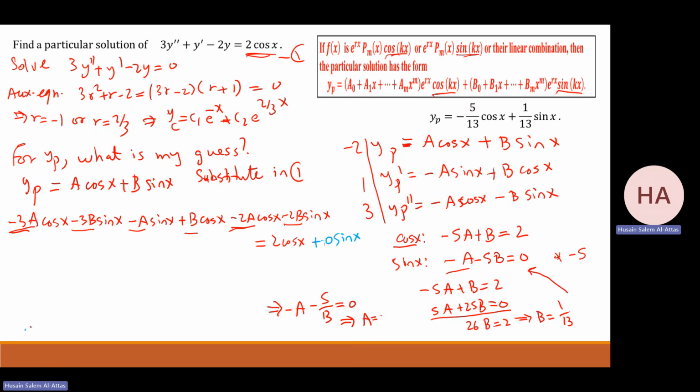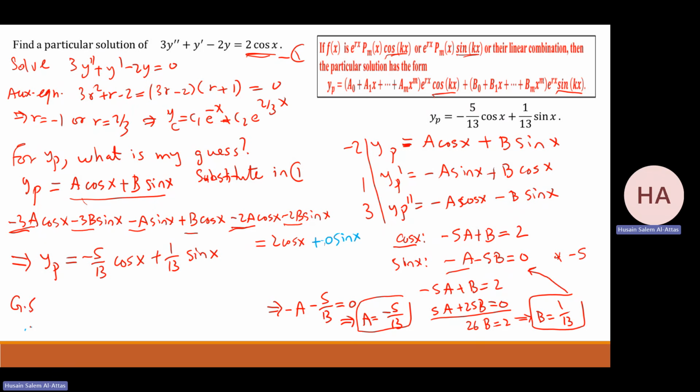So a equals minus 5 over 13. So what is my yp? I have a, and I have b, and I have the function. So yp is minus 5 over 13 cosine x plus 1 over 13 sine x.